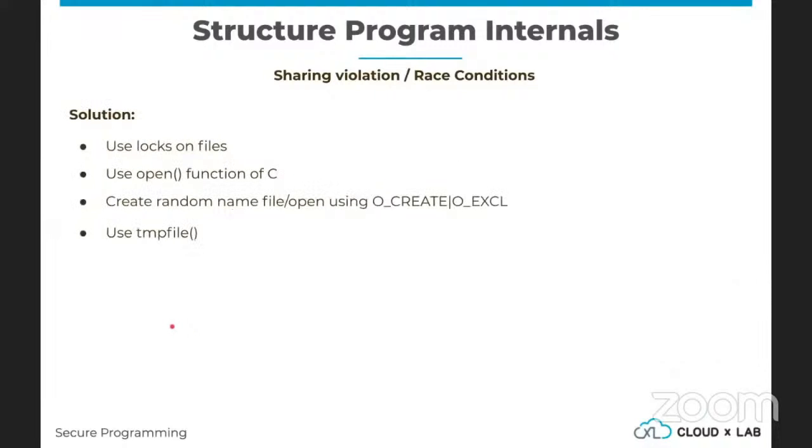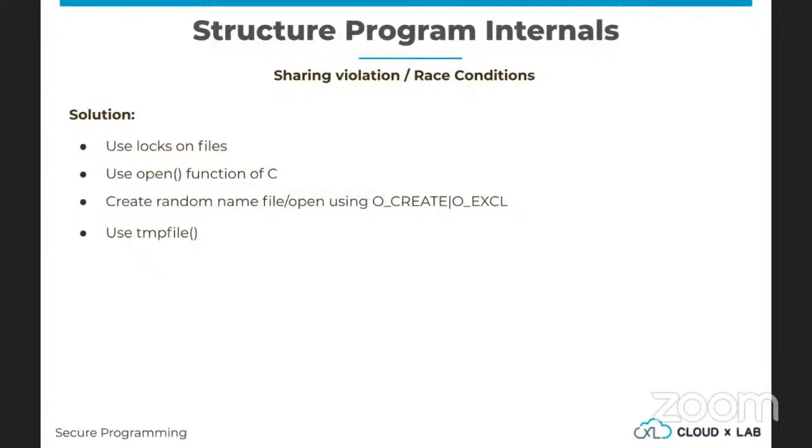There are many ways of avoiding race conditions. One is to use locks on files, and use the open function in C. When you're creating a file, make sure you use a random file name in a temporary location.